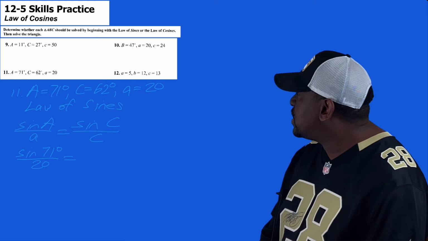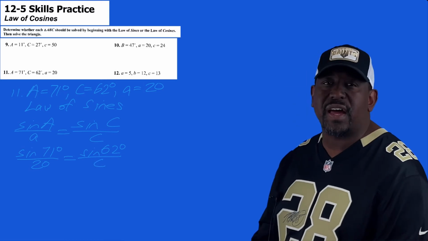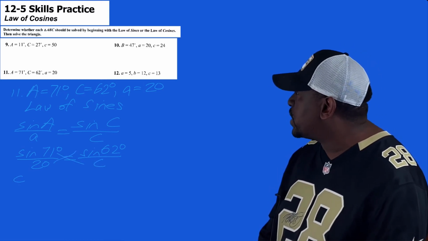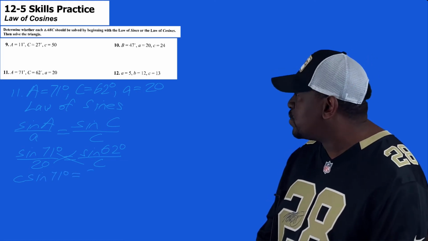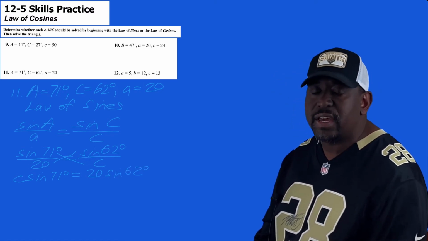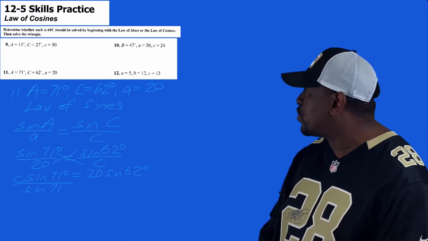So we put the sine of 71 degrees over 20, which is side A, equal to sine of 62 degrees over C. We cross multiply, and we get C times sine of 71 degrees equals 20 times sine of 62 degrees. To solve for C, we divide both sides by the sine of 71 degrees.